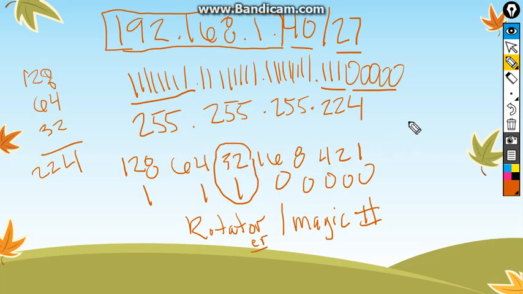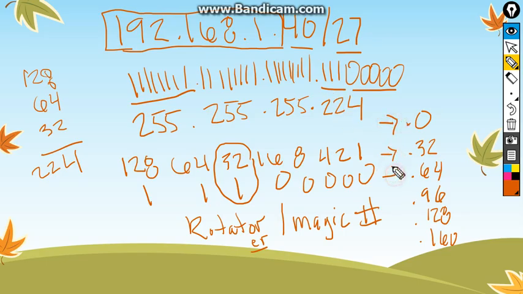So what we do with our magic number is we start at 0, and then we just add 32: 64, 96, 128, 160. I'll stop there. This means that every subnet is going to start with these numbers.